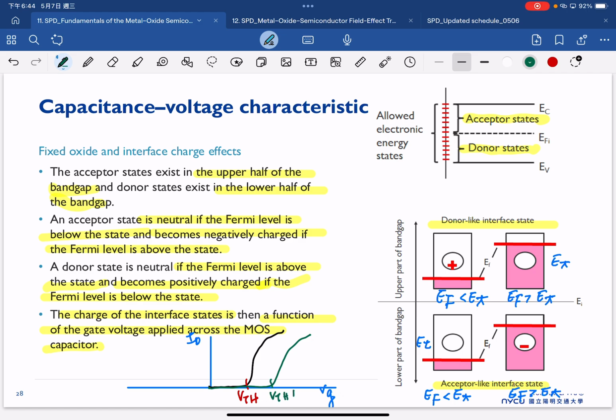And this is because we have a negative charge in the acceptor state. So in general, we can consider this as electron trapping.